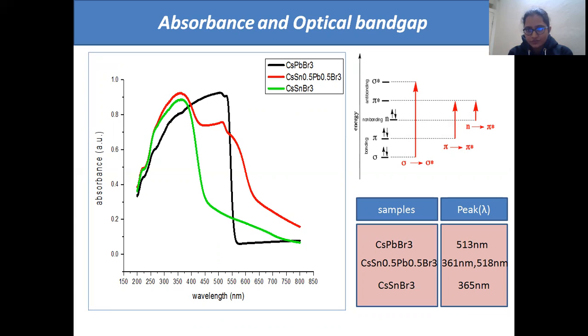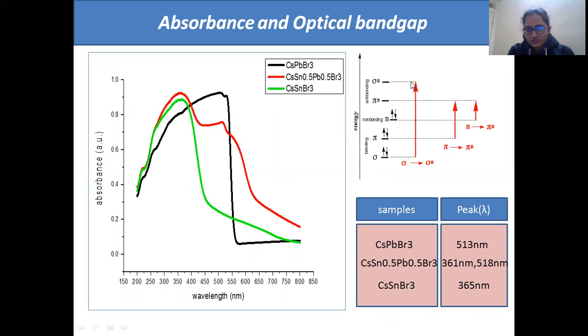But in the case of CsSn1/2Pb1/2Br3, that is, when the concentration of Sn and Pb are equal, there are two peaks in the UV visible spectroscopy. These two peaks arise from the pi to pi star transition and the n to pi star transition.